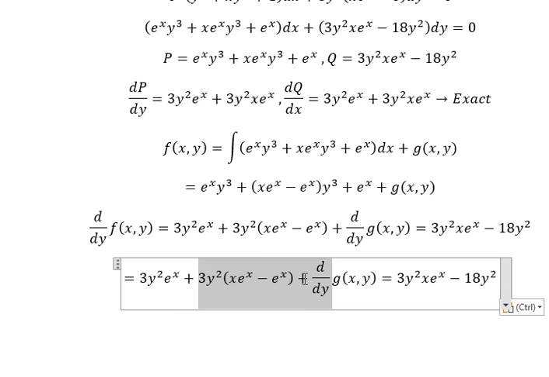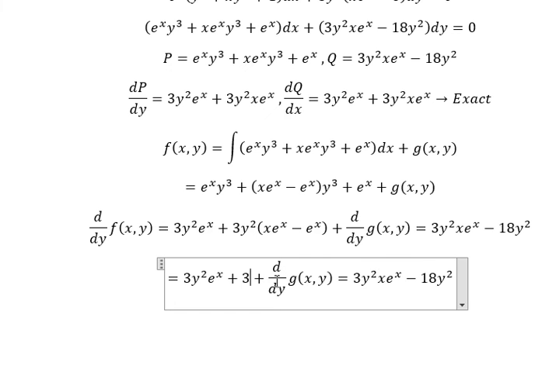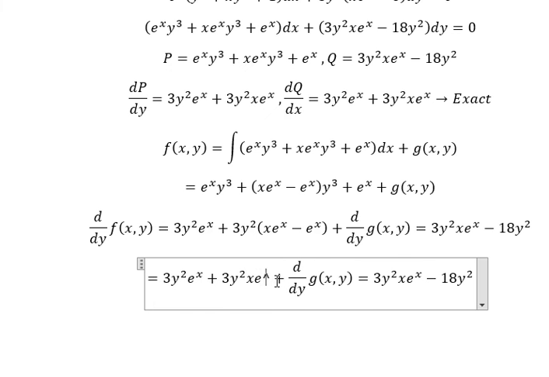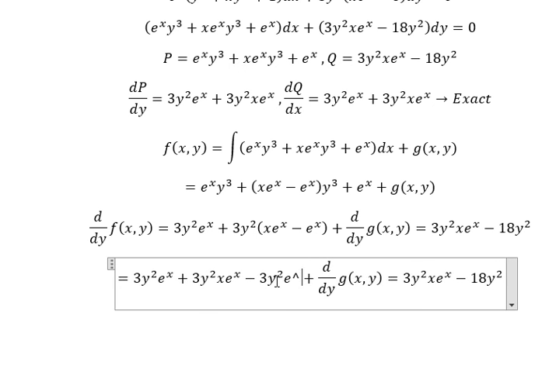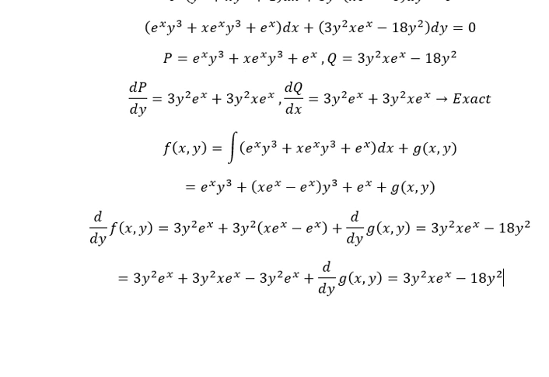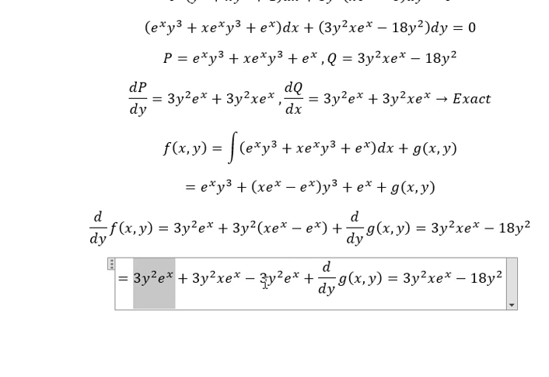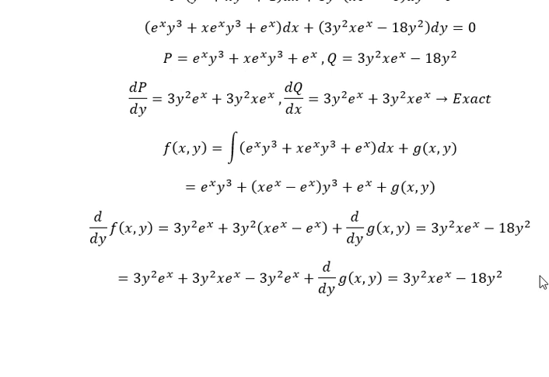So this one we have 3y squared se to the power of s minus 3y squared e to the power of s. Now this one minus this one and this one simplified by this one. So in this situation, we just have only negative 18y squared.